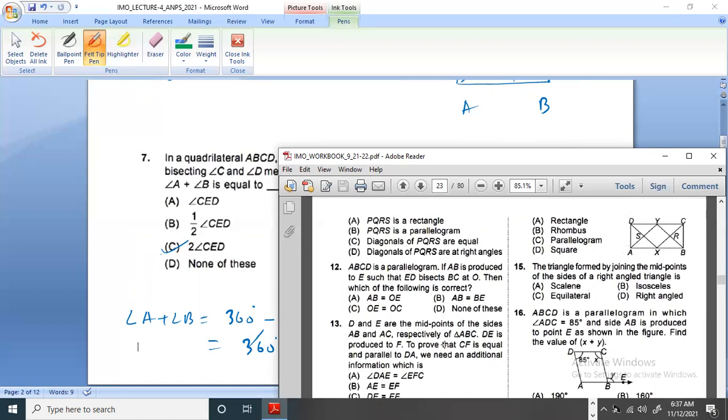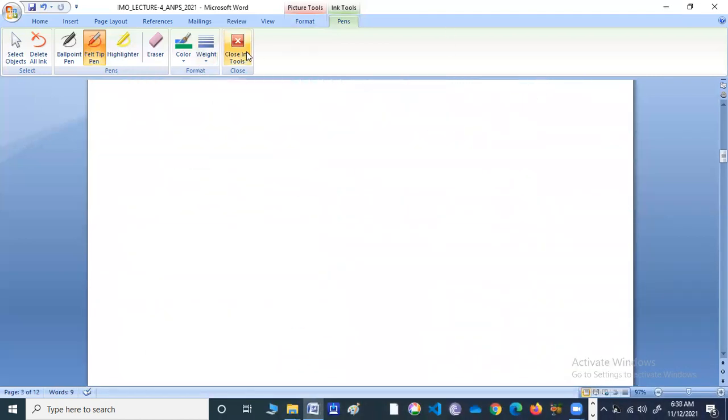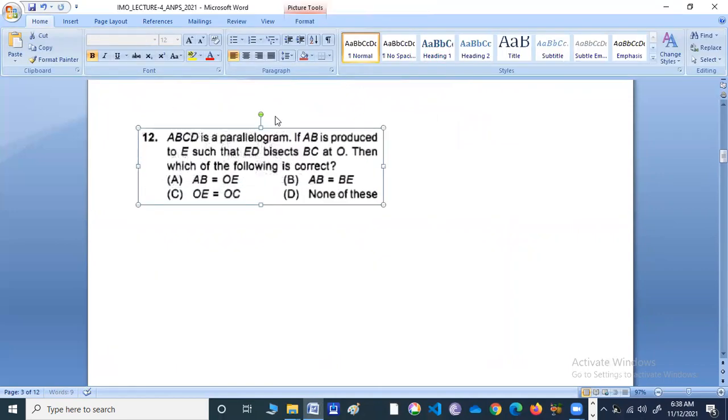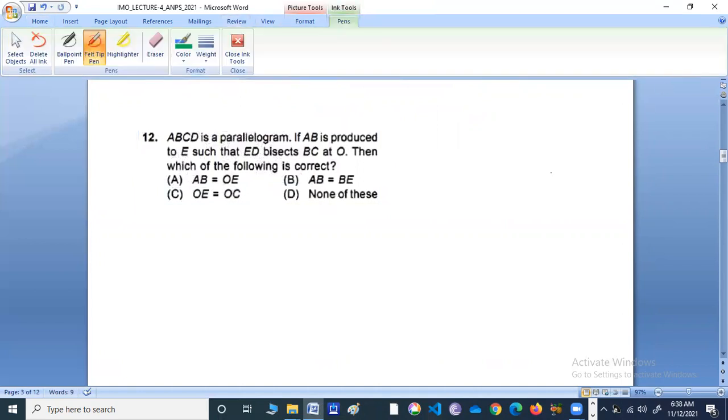ABCD is a parallelogram. AB is produced, and which of the following is correct. Okay, let us do this one. So ABCD is a parallelogram.